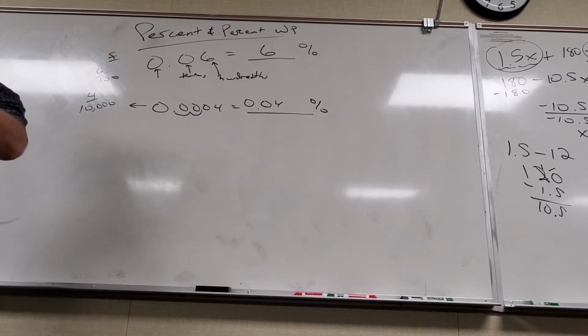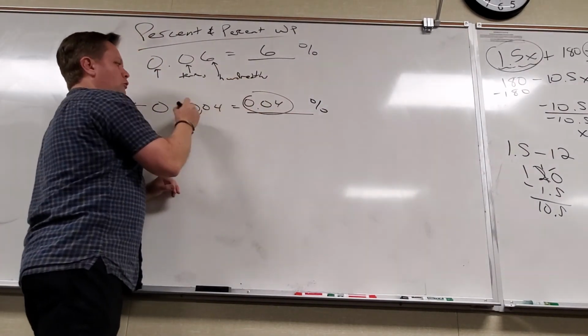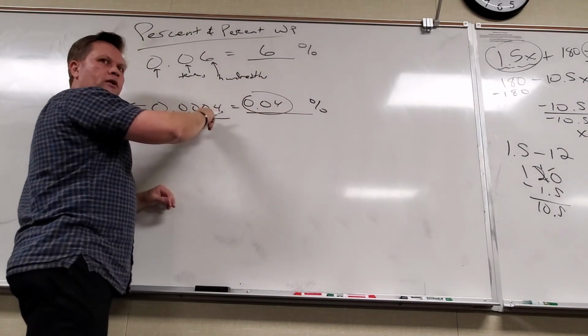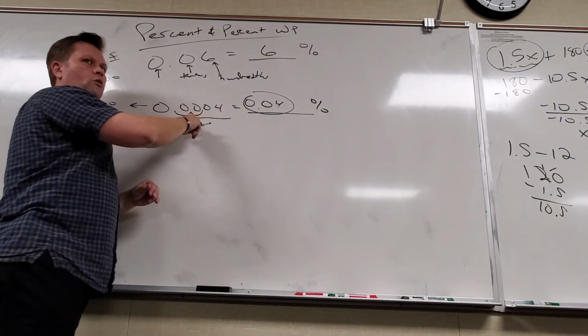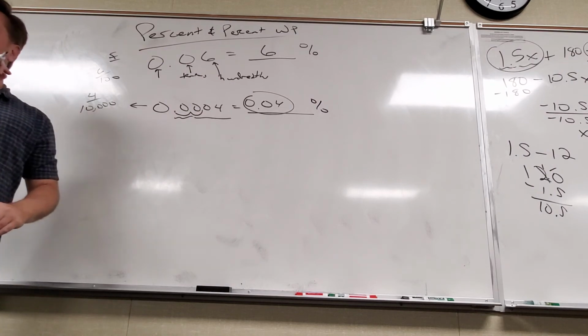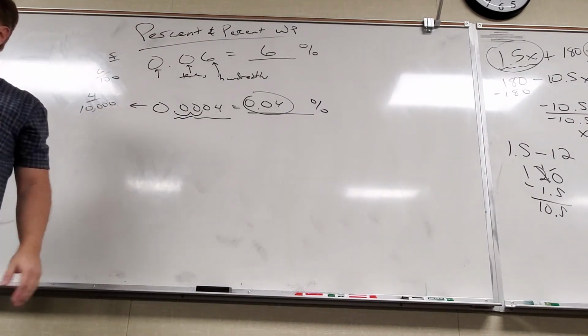So one thing I like to tell people is the percentage number will always be bigger than the decimal number. Do you guys see that? 6 is bigger than 0.06. 0.04 is bigger than 0.0004, right? So that's a good little check. If you're switching, make sure that's true, whichever way you're going.